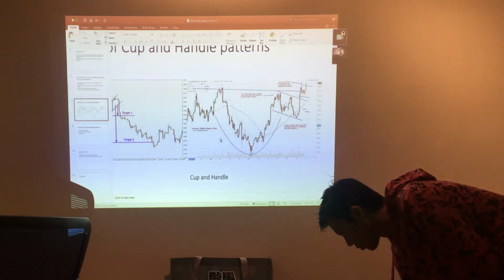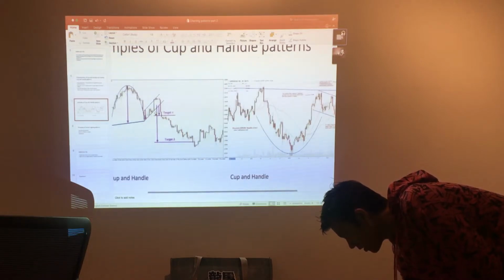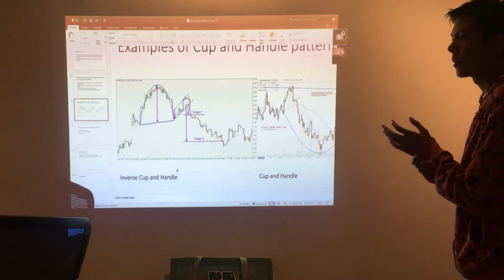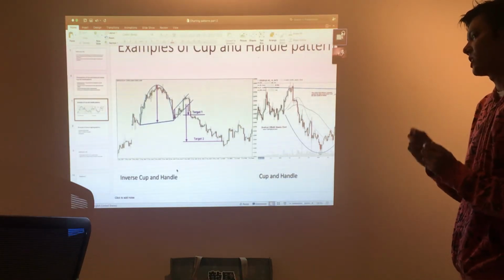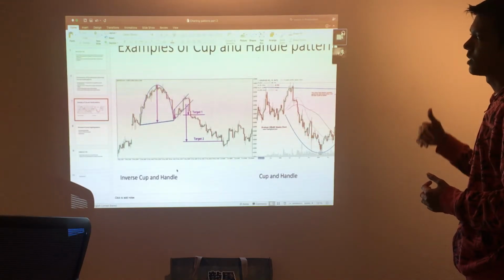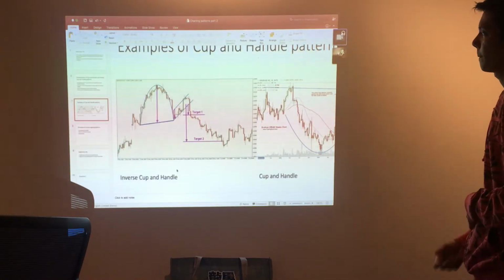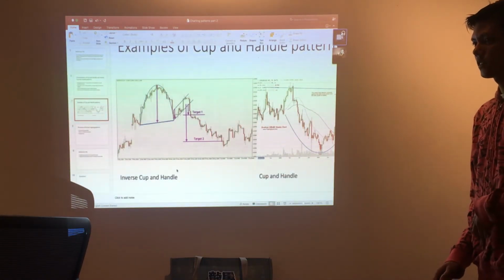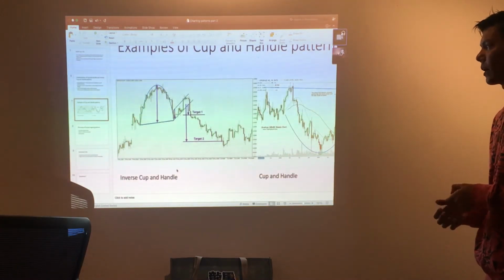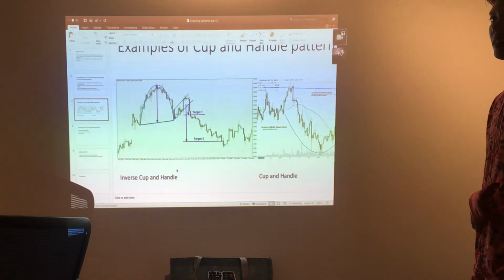I think it's a bit clearer also here. The sharper the V shape, some people would see it as an inverse head and shoulder or head and shoulder, because the curve is not very gradual. So I think that's the slight difference between the head and shoulder and the cup and handle.